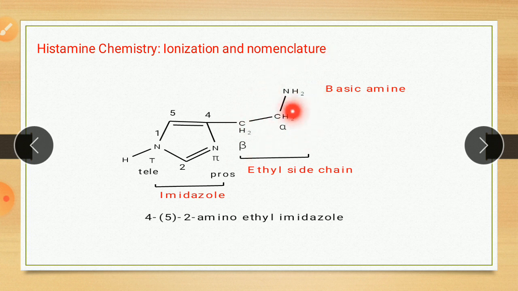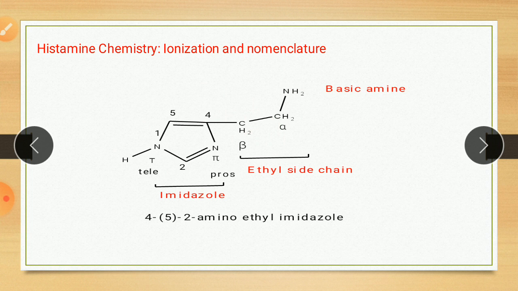With respect to this NH2 group, the neighboring carbon is alpha carbon, and then this one is beta carbon. The side chain is attached via the beta methylene group to the fourth position of imidazole. So this side chain is attached to this imidazole ring through this beta carbon or beta methylene group.